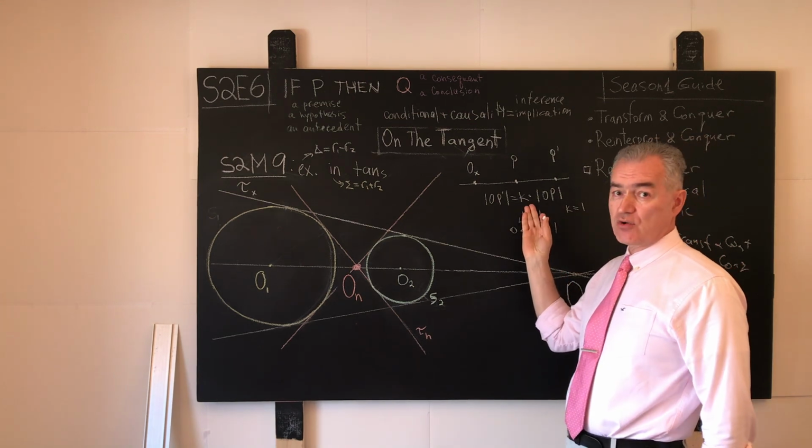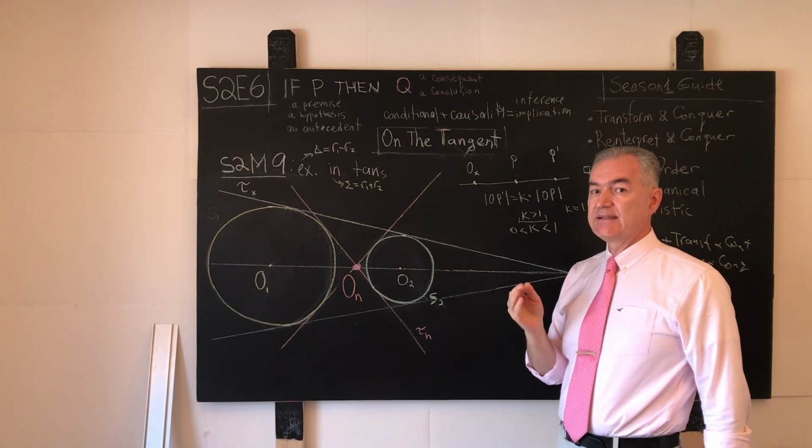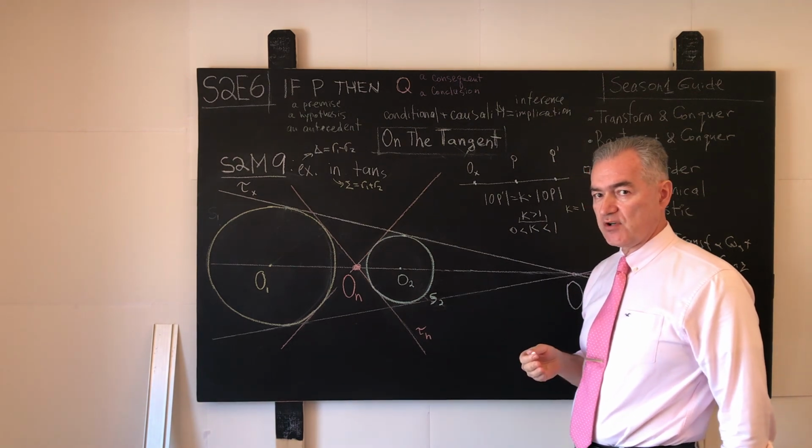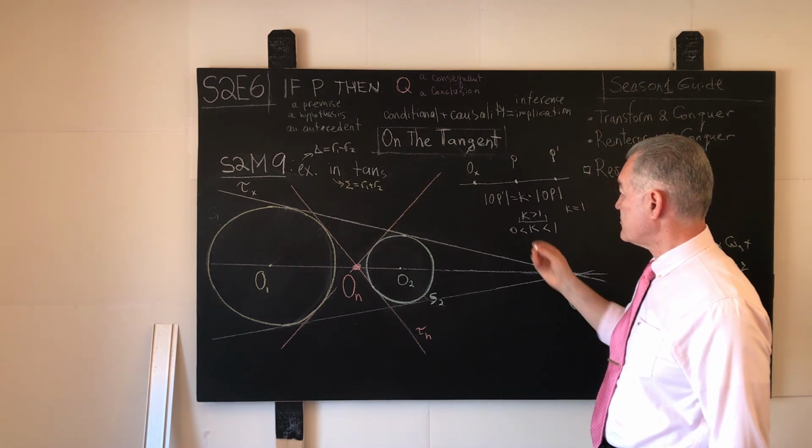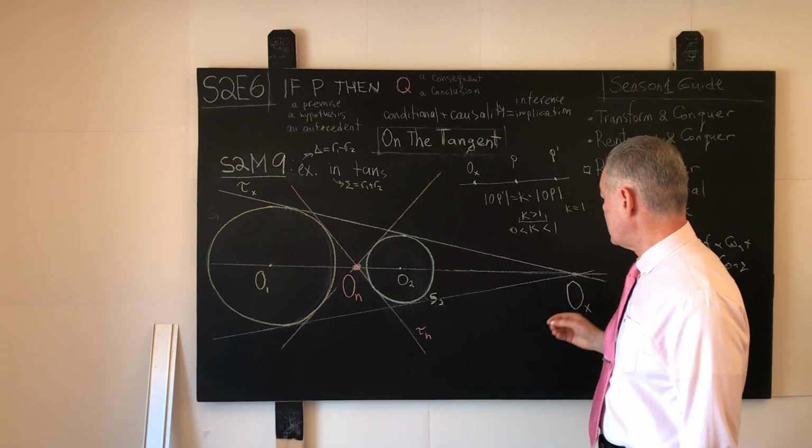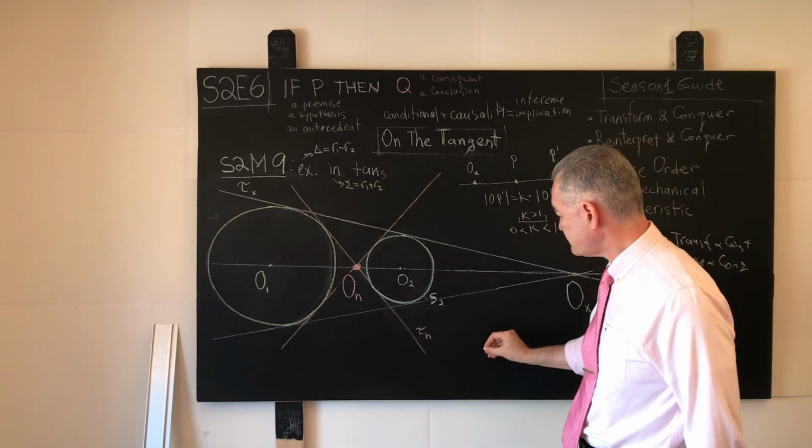However, the coefficient of homothety can also be negative. And when the coefficient of homothety is negative, then the corresponding points, let me show it, for example, here.